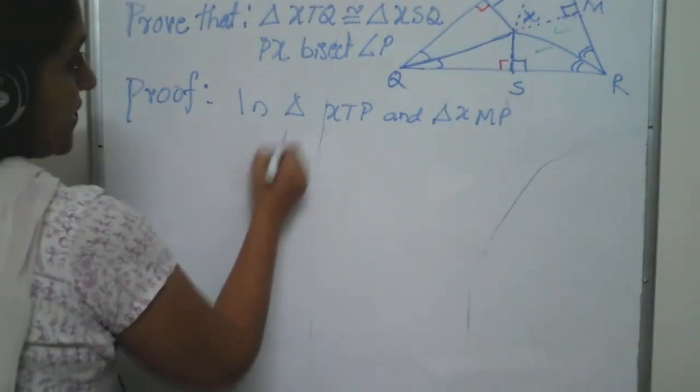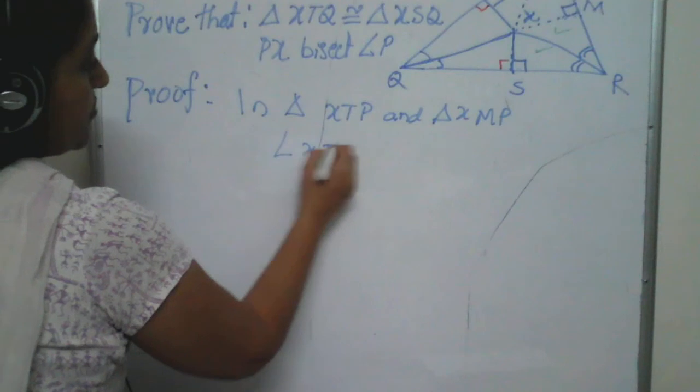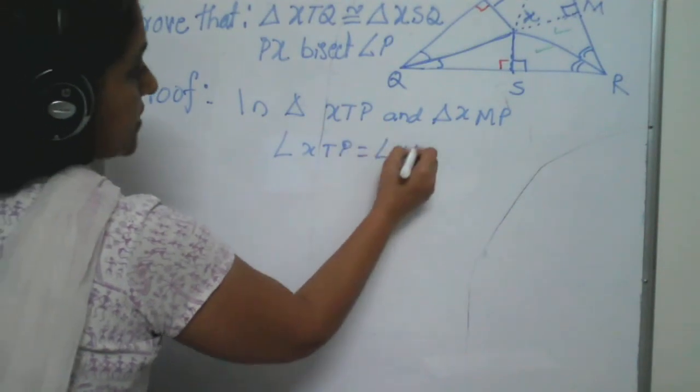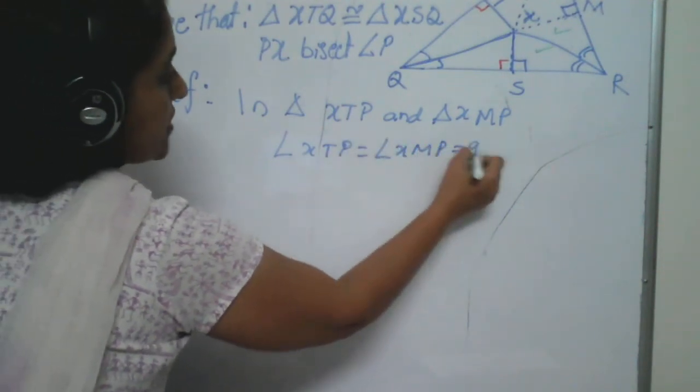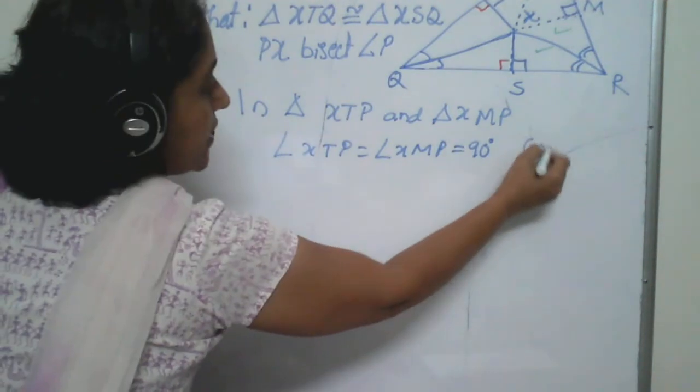So first, right angle. Angle XTP is equal to angle XMP is equal to 90 degrees, given and construction.